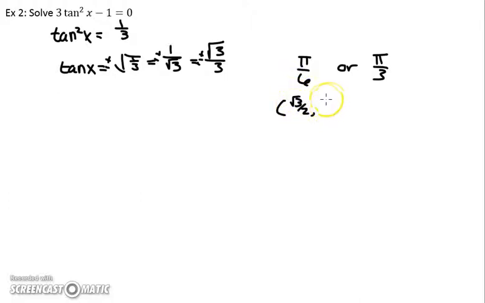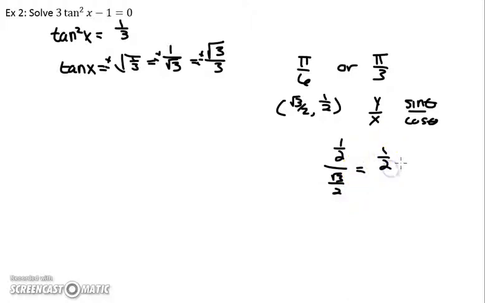comma 1/2. So if we think about tangent being the y value over the x value, or sine over cosine, we're going to get 1/2 over radical 3 over 2, which is the same thing as 1/2 times 2 over radical 3.